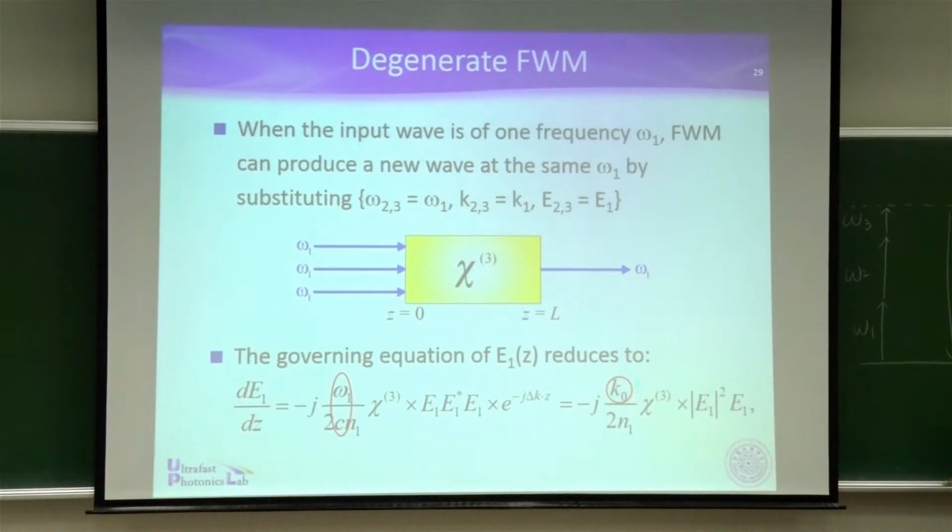So I use a new symbol K0 in place of omega 1 over c. Besides, E1 times E1 star should be E1 absolute square, right? So it's shown here. So the differential equation is simplified to this one.